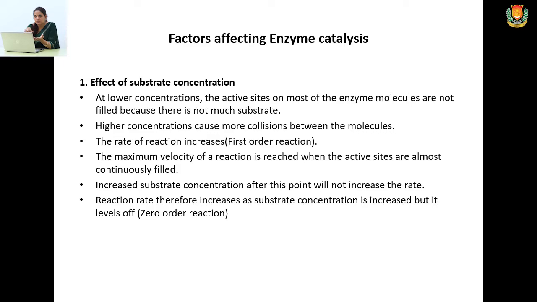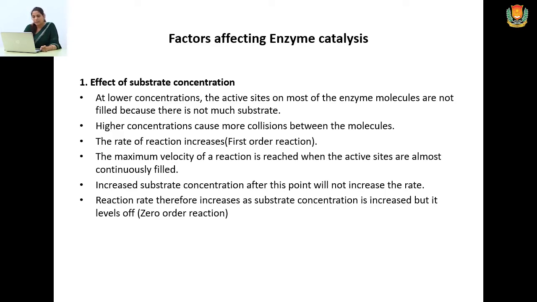As you increase the substrate concentration, you get a linear plot, and at some point all the binding sites of the enzyme will be occupied by substrate. The enzyme will be fully saturated, and if you increase the substrate concentration further, there will be no effect on the rate of reaction, because no more substrate binding sites are available. At that point, we get saturation.